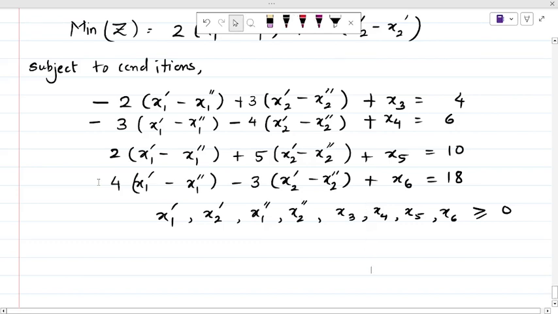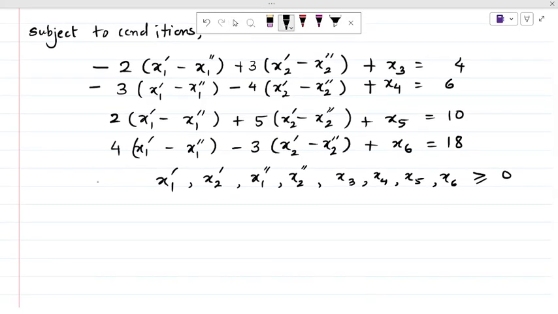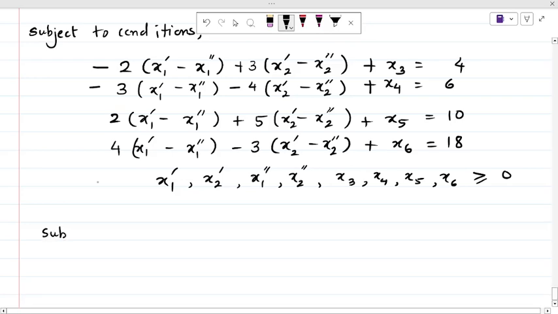So that is, we can write the conditions, that is they change to subject to.